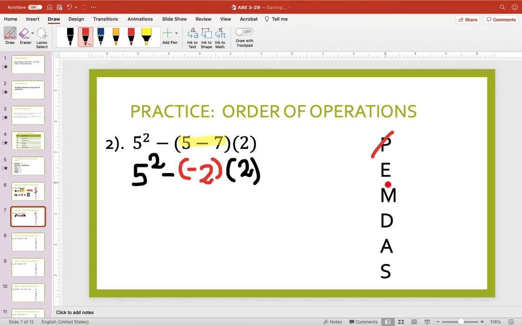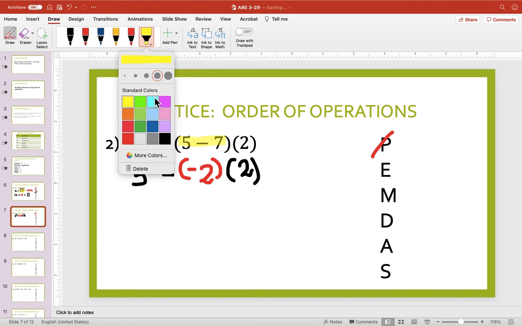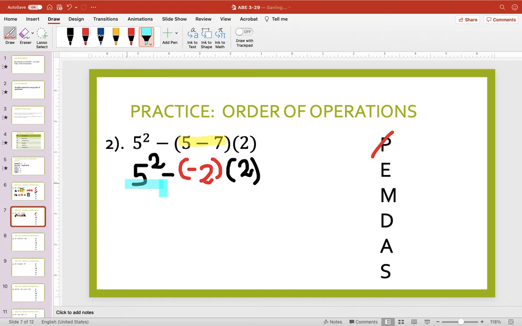Now, if you look at the next step, I want to simplify my exponent. I do have an exponent. In this case, 5 to the second power is my exponent. So remember, 5 squared is basically 5 times itself 2 times. 5 times itself 2 times is going to equal 25.